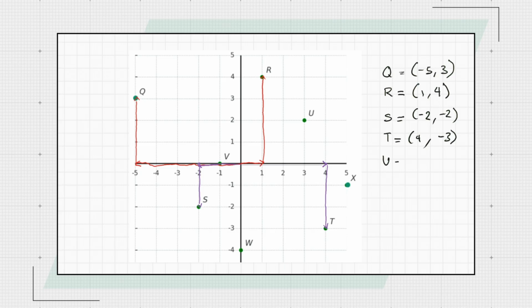Alright, let's do U. So for U, our x-coordinate is 1, 2, and 3. And our y-coordinate is 1 and 2.